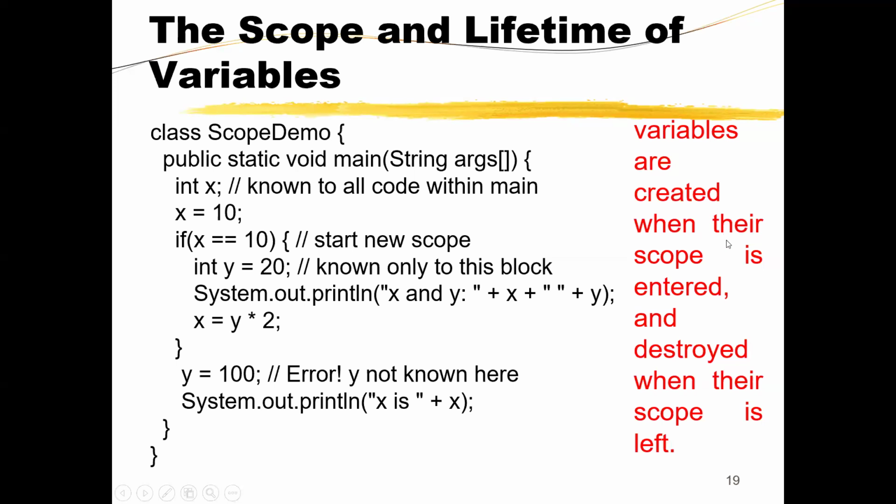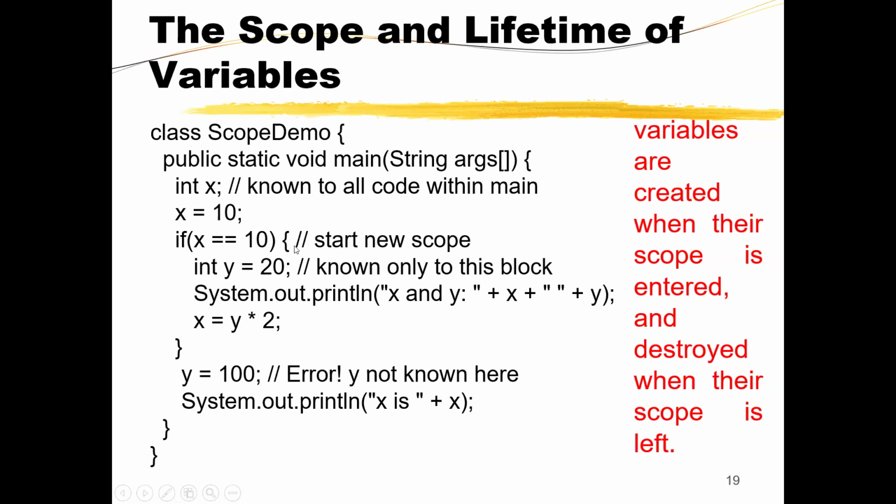Therefore, variables are created when their scope is entered and destroyed when their scope is left. Right. So here in this one also, within the main method, you have a variable called x and you have assigned 10. And inside the if condition, you check whether x is equal to 10. And if it is true, then it creates another variable called y and assigns 20. Then here it prints the y value.